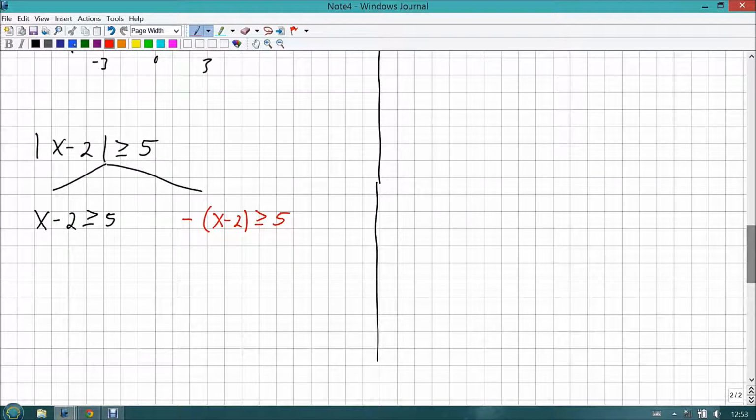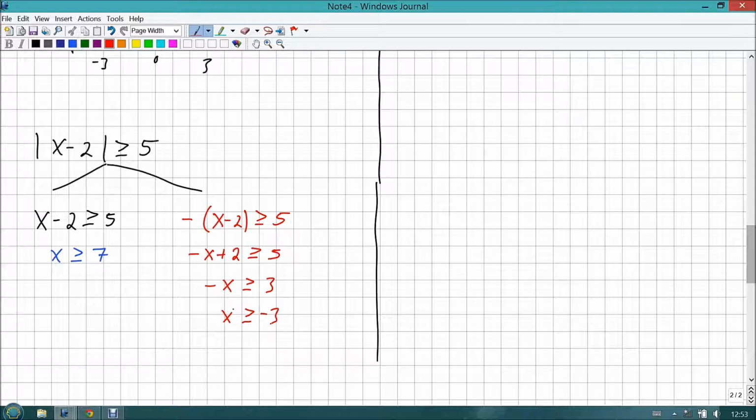When I do these beautiful little things, I add 2 to both sides over here, so I have x is greater than or equal to 7. And on the negative one, I have negative x plus 2 is greater than or equal to 5, which turns into negative x is greater than or equal to 3, which gives me x is greater than or equal to negative 3.